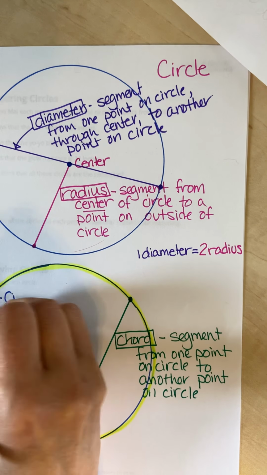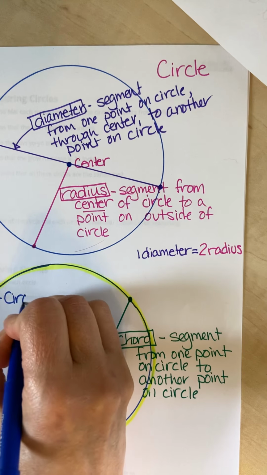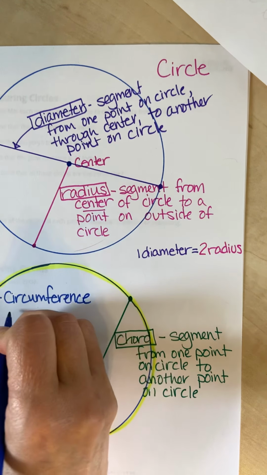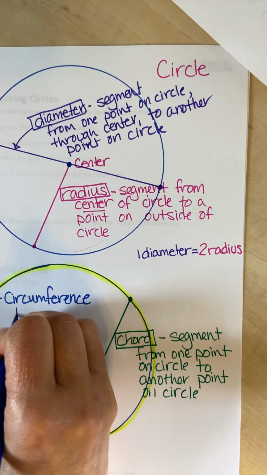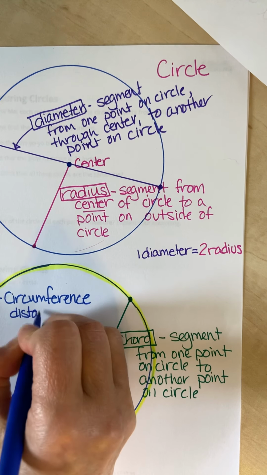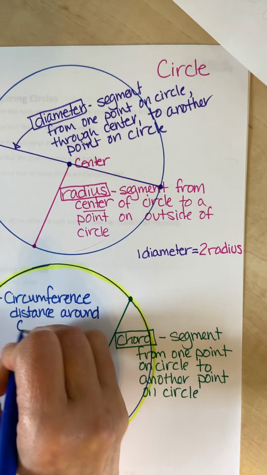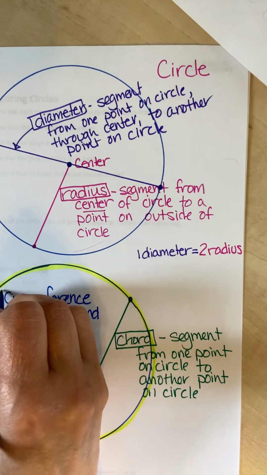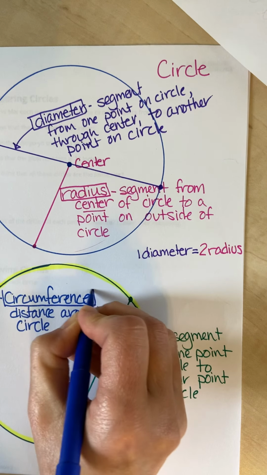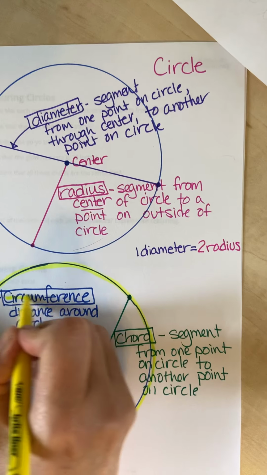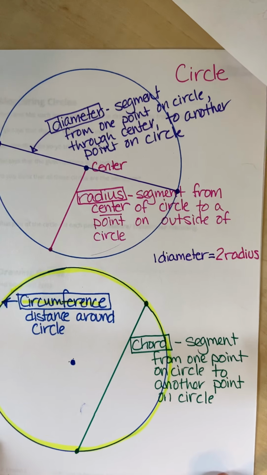So circumference is the distance around the circle. Okay. So let's highlight that so that we understand that it's the highlighted part, okay?